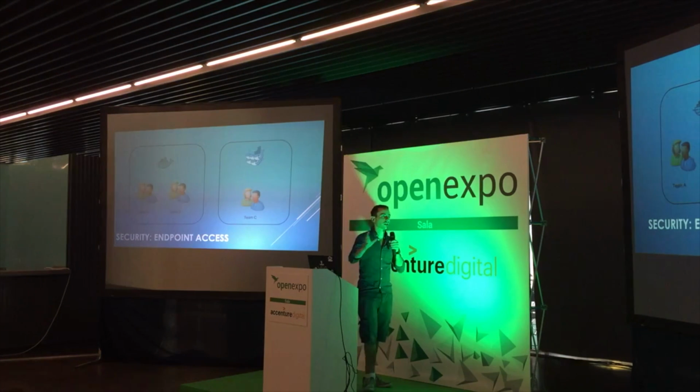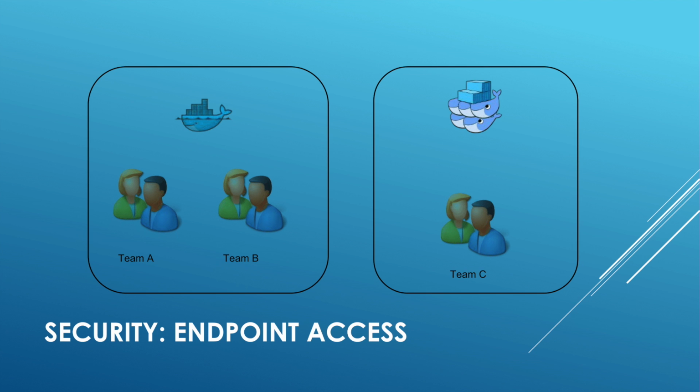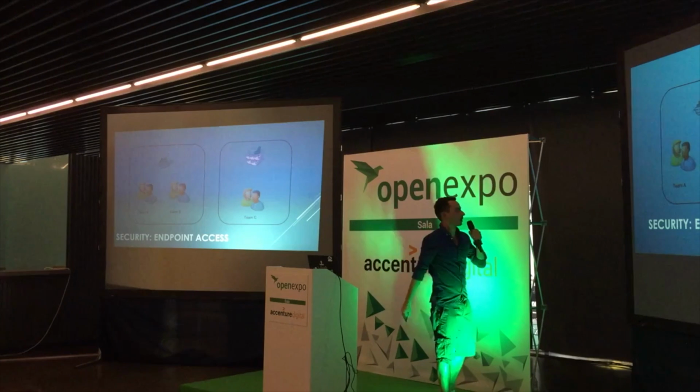So pictures, this is what we actually want to achieve. So for example, on the left, I got one development host, and on the right, I've got one production cluster. What I want to achieve here is to have team A and team B be able to access that development host, and team C to be able to manage all the containers and services running on the production cluster.